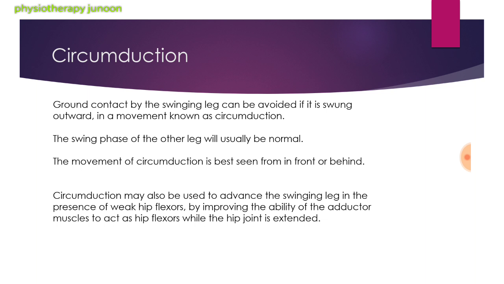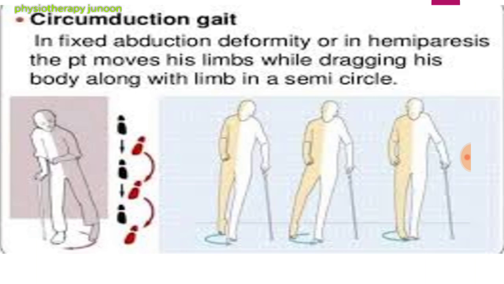Circumduction may also be used to advance the swinging leg in the presence of weak hip flexors, by improving the ability of the adductor muscles to act as hip flexors while the hip joint is extended. With hip flexor weakness, the hip adductor muscles act like flexors, so this gait happens.